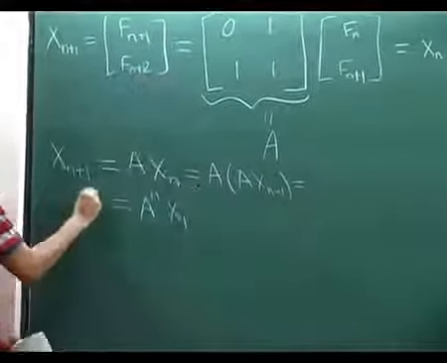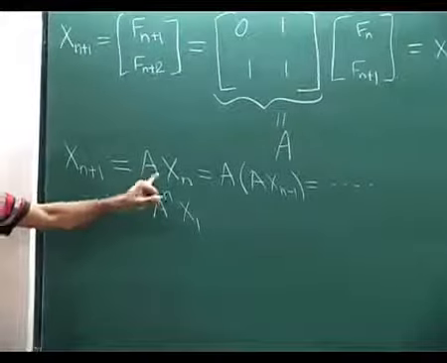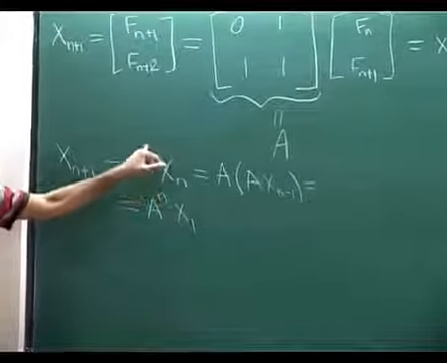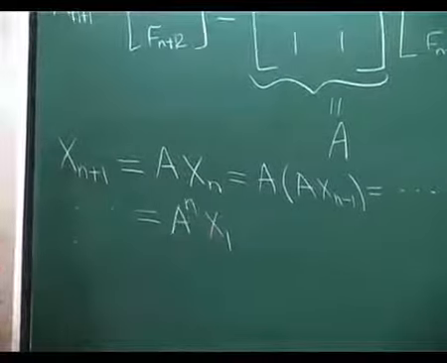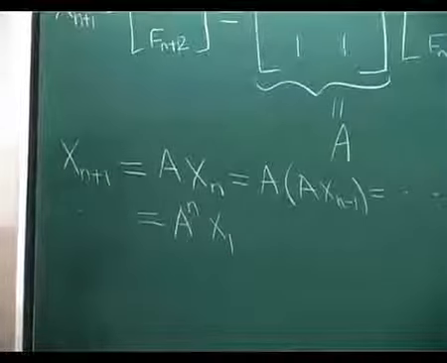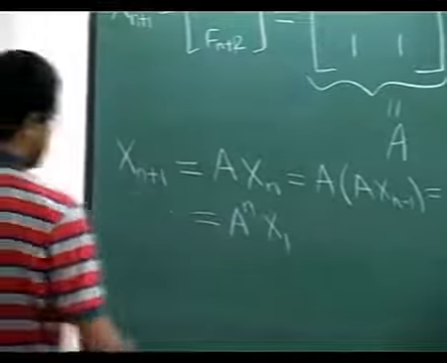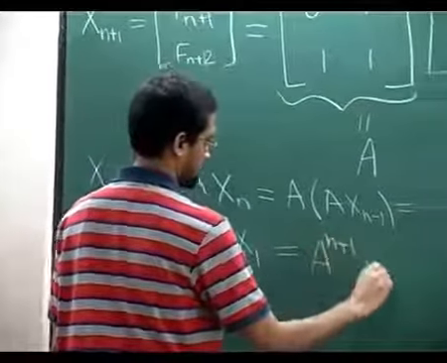I keep doing this again and again. So total, the power is n, so this is A to the n times x1, this is correct. Okay, it's A to the n times x1, and further let me go one more step. Let's write it as A to the n plus 1 times x naught.